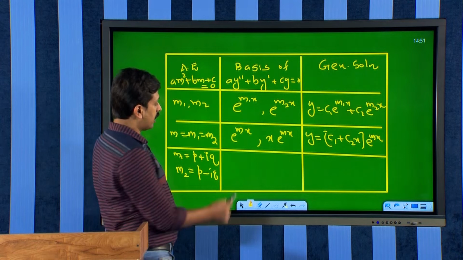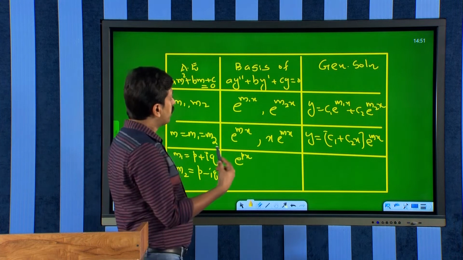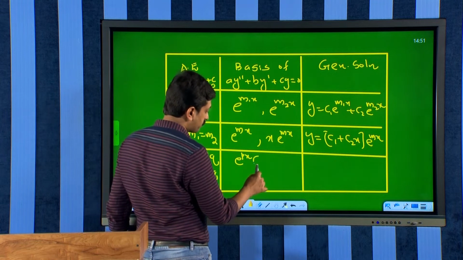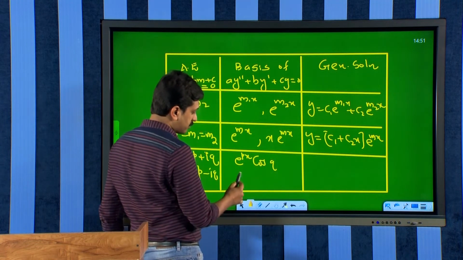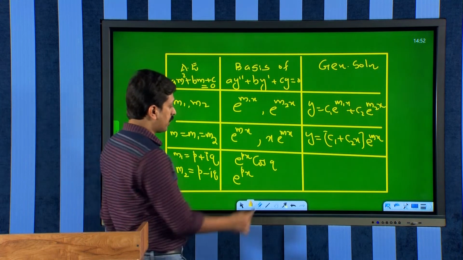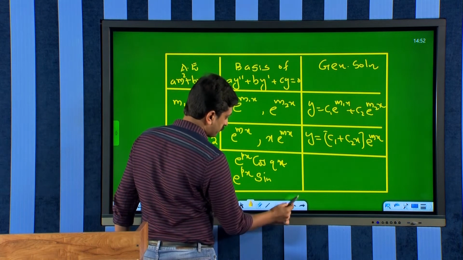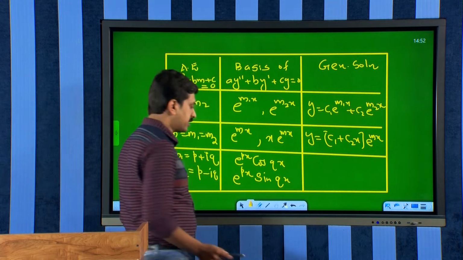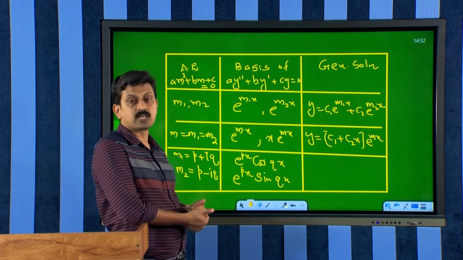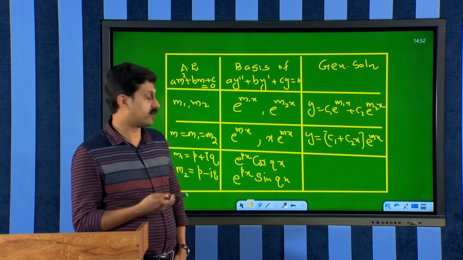Then the basis of the differential equation is e raised to px into cos qx, and similarly the second element in the basis is e raised to px into sin qx. Their linear combination will be the general solution by the fundamental theorem.